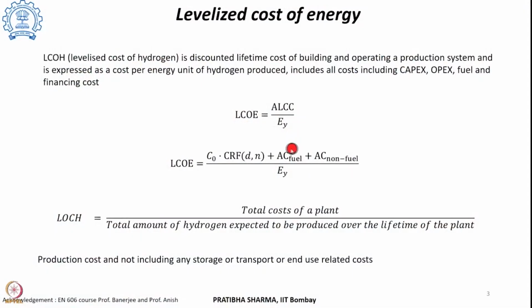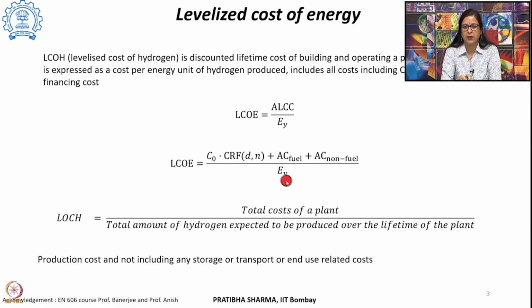We can find out also the levelized cost of energy by dividing the annual life cycle cost by the amount of energy that plant is going to produce over its lifetime. So, the life cycle levelized cost of energy is given by the annual life cycle cost, which we have seen is the initial investment times the capital recovery factor and the expenses associated with fuel related and non-fuel related operation and maintenance, divided by the total energy being produced during the life cycle of the plant. So, that gives the levelized cost of energy.